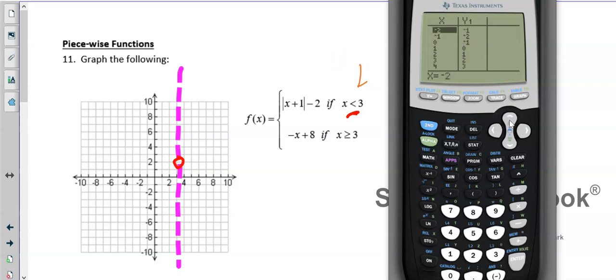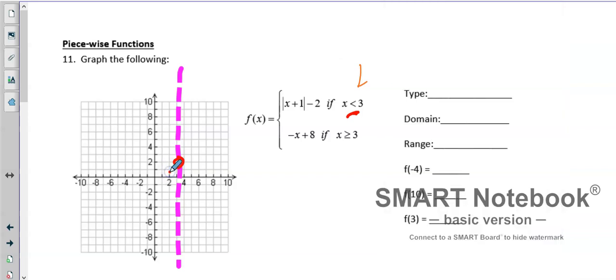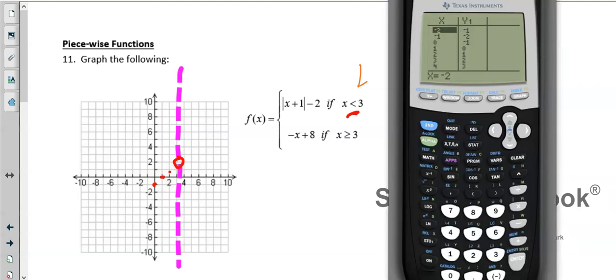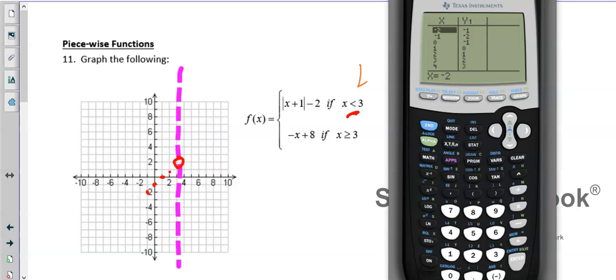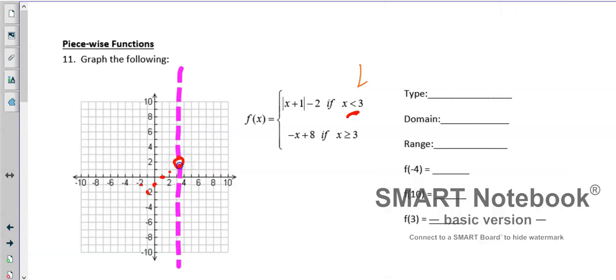So we're going to go to 2, 1, 1, 0, 0, negative 1, and then negative 1, negative 2, and negative 2, negative 1. That's where it starts to bounce back, like so. Okay?